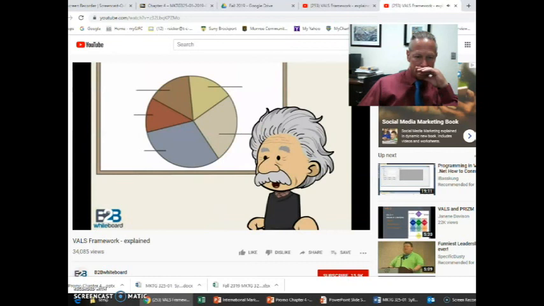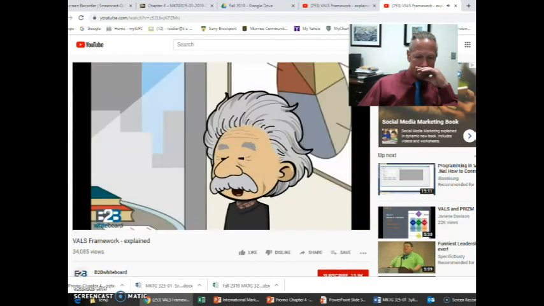Market segmentation is designed to guide companies in tailoring their products and services to appeal to the people most likely to purchase them. VALS was developed in 1978 by social scientist and consumer futurist Arnold Mitchell and his colleagues at SRI International. It was immediately embraced by advertising agencies.